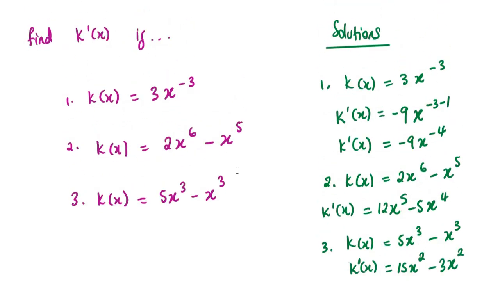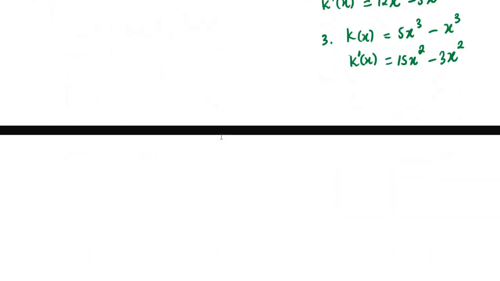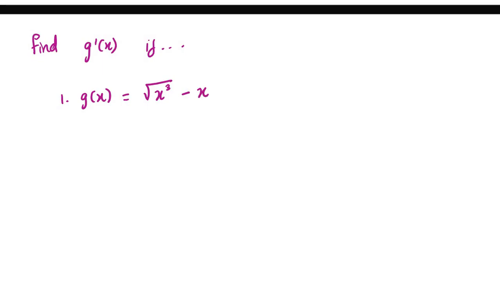Okay, so I hope that was clear. Now let's go to more complex problems. Find g prime of x if number 1, g of x is equal to the root of x cubed minus x squared.